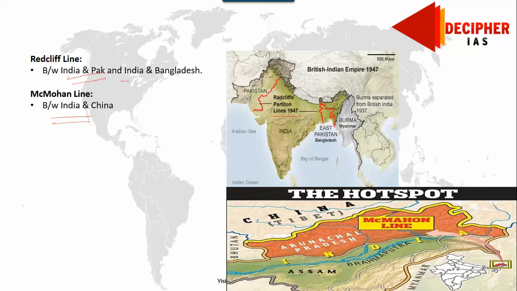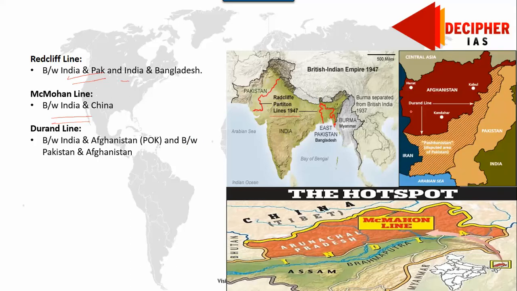You can see over there, this is the McMahon line, and this is the portion over which China creates a dispute. Again, there is a Durand line, although Durand line is actually a border between Pakistan and Afghanistan, as you can see over there.